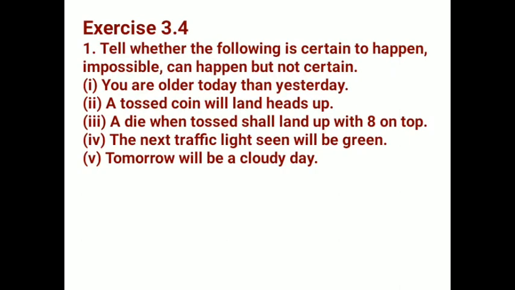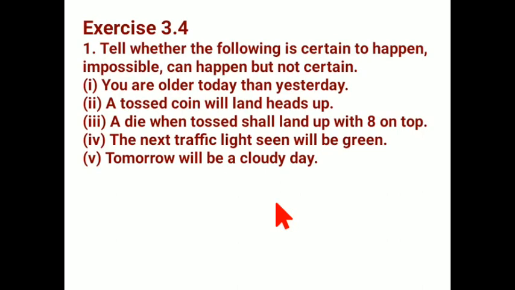It states that, tell whether the following is certain to happen, impossible, can happen but not certain. So there are few situations given. Okay, so from 1 to 5, these are the few situations given, and reading this situation you have to answer whether it is certain to happen, whether it is impossible, or whether it can happen but not certainly. So the first question is, number 1, you are older than yesterday.